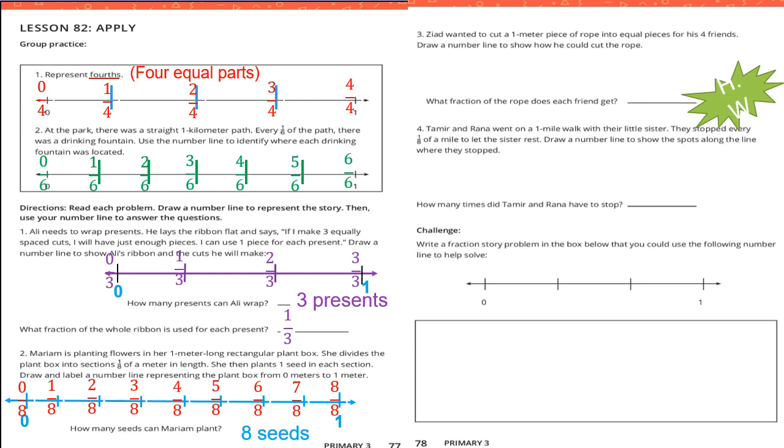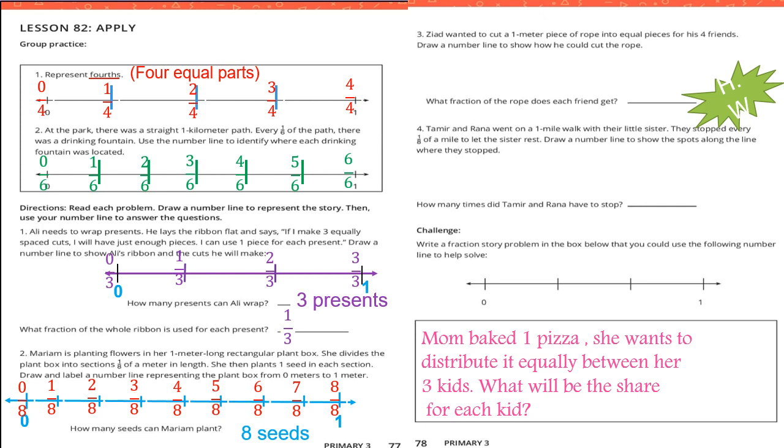Okay, look at the number line. This number line is divided into how many equal parts? Yes, 3 equal parts. So the denominator here must be 3.